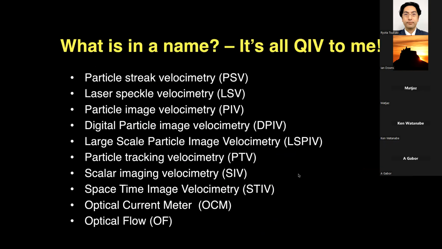So first of all, what's in a name? We've seen lots of names. We've had new names introduced to me during this workshop. I'll say guilty of introducing new names as well. That has both advantages and disadvantages. Of course, the names often come from our desire to differentiate subtleties in how we process images and how we track material.